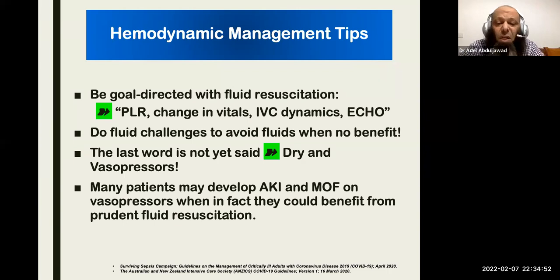Many patients may develop AKI and multi-organ failure, of course, on vasopressors, when in fact they could not benefit from broader fluid resuscitation. So remember this: over-resuscitation adds harm, and under-resuscitation also adds harm. So be wise, be balanced.